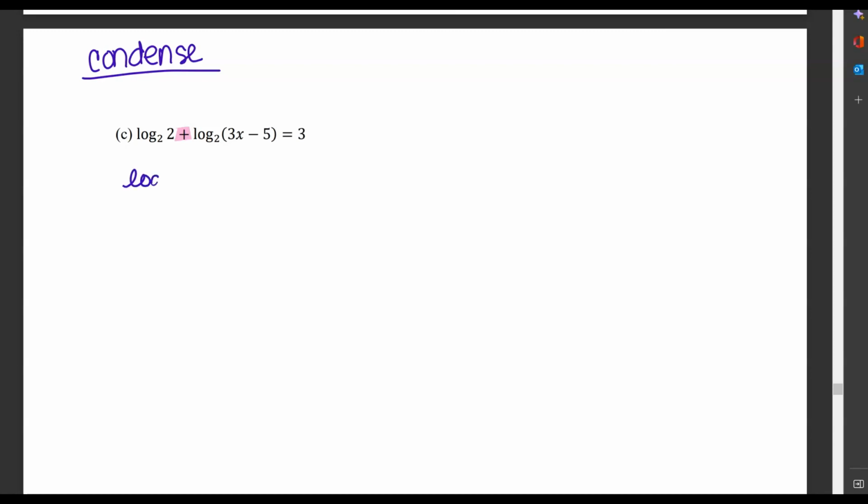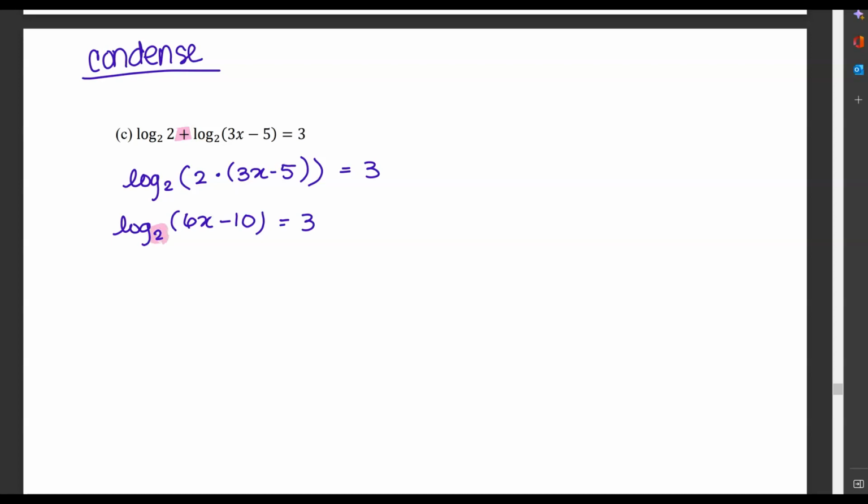So this is going to be log base 2. This allows me to use the product rule. So here's 2 times the inside, 3x minus 5, is going to equal 3. So let's write this out. Let's distribute this. So I would get 6x minus 10 is equal to 3. So now since I have it as one logarithm, notice that my base is 2 here.